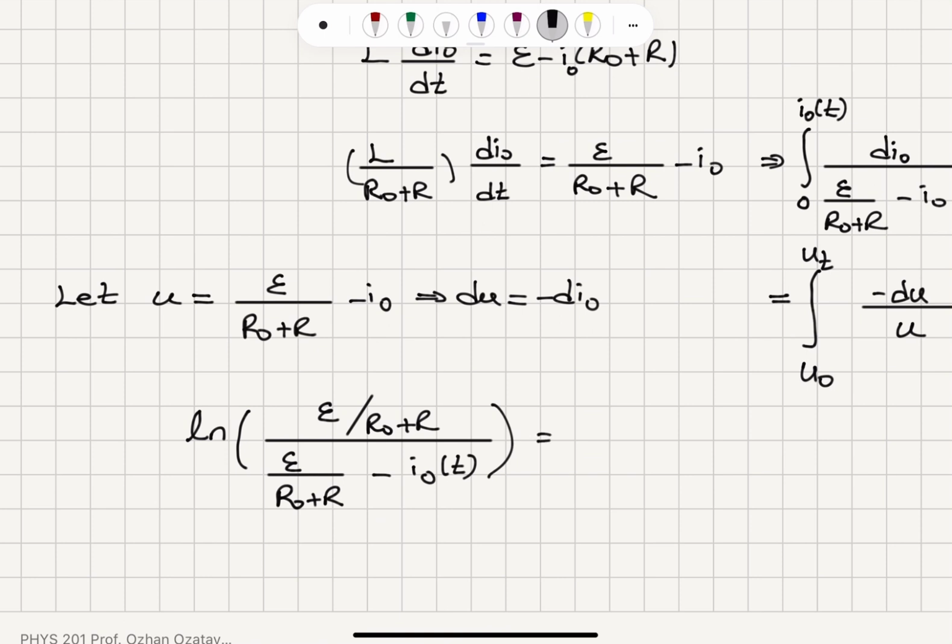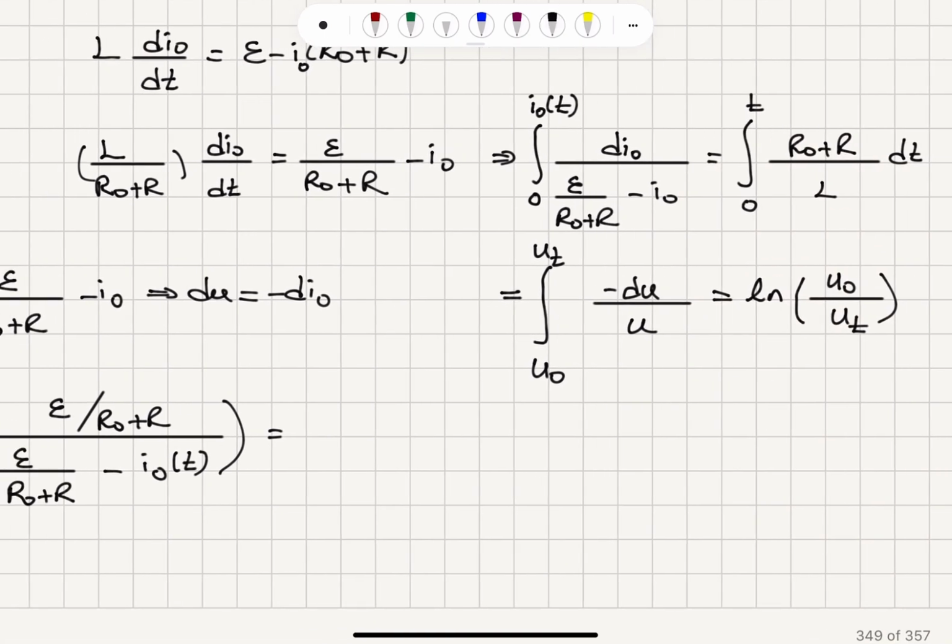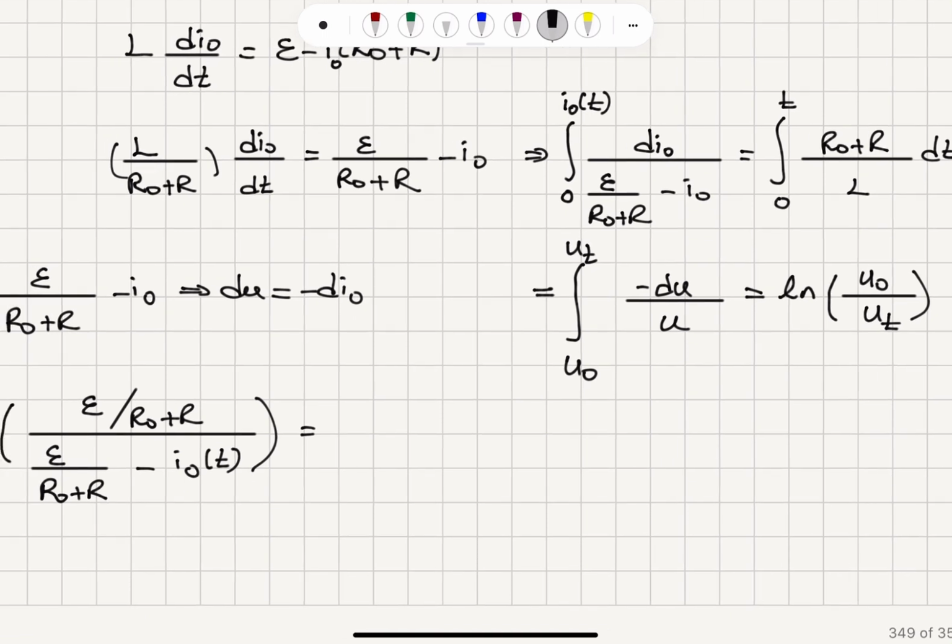This is equal to the other side of the integral, R0 plus R over L dt, that just gives me R0 plus R over L times t.